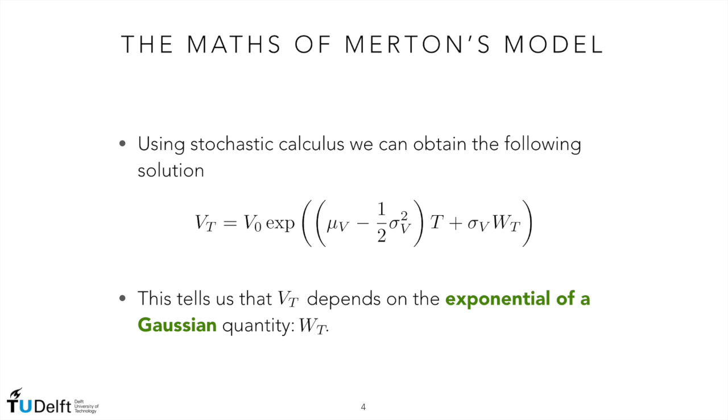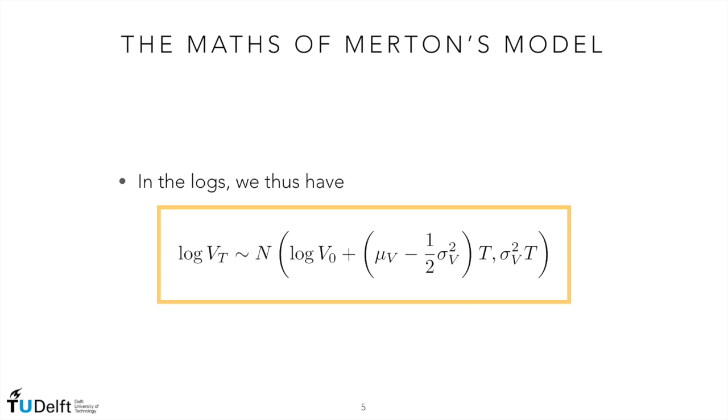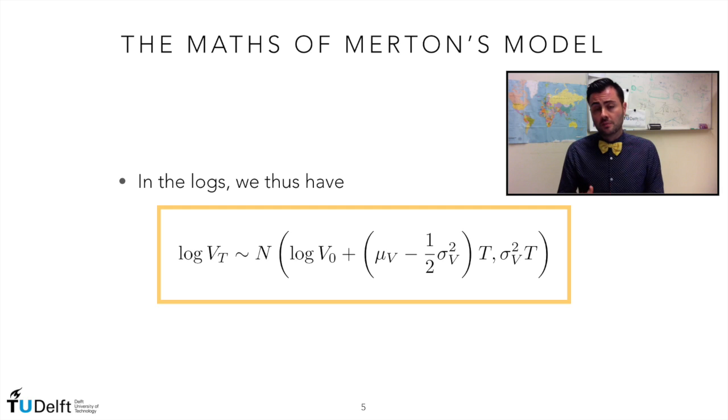They go beyond the scope of the course, but if you are interested, you can find a lot of useful extra information and proofs. So, if you have a look at the formula here, you see that the logarithm of Vt follows a normal distribution with a given mean and a given variance that you see in the formula.